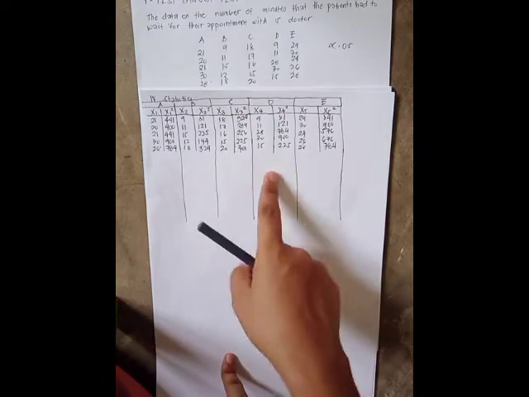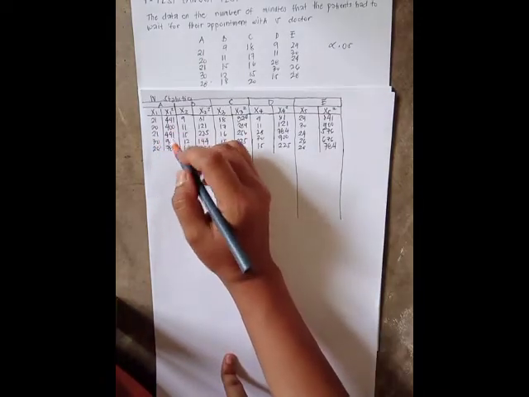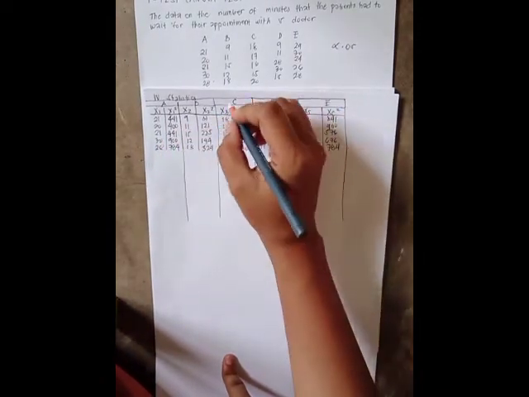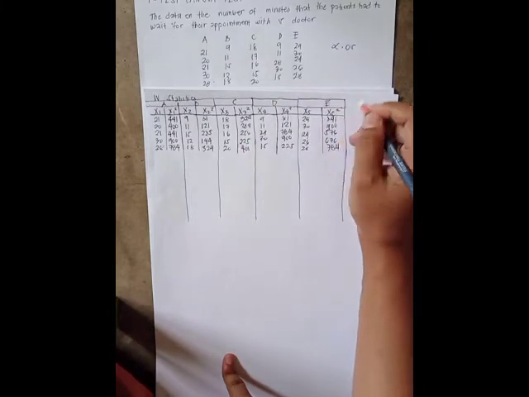Just like that, every number here we squared by itself, giving x1 squared, x2 squared, all the way to x5 squared.